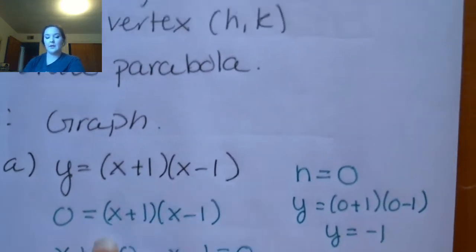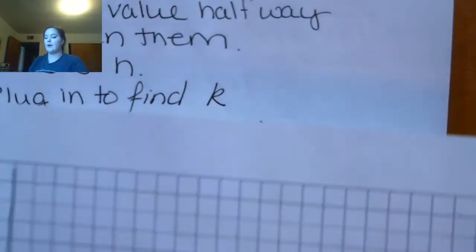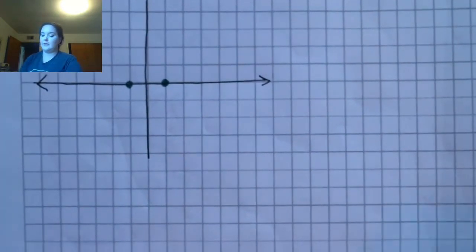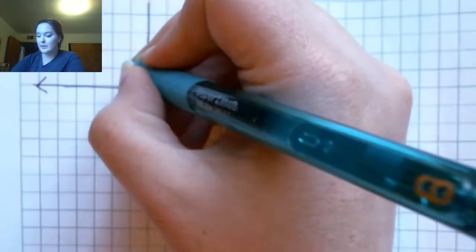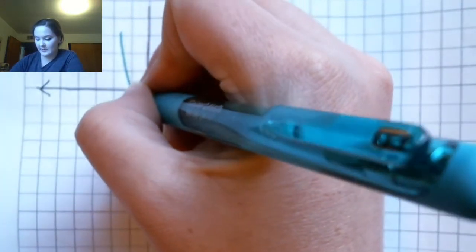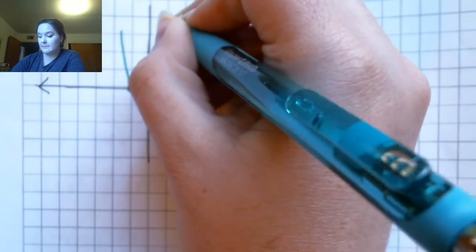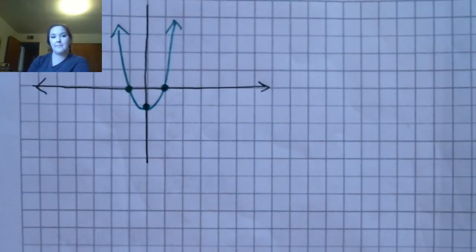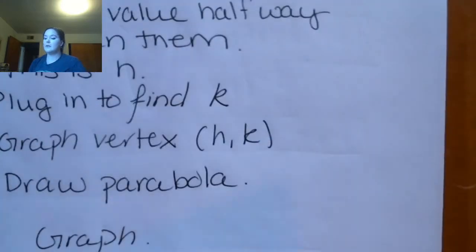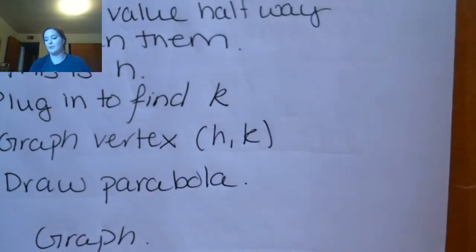So I'm going to go back to my graph. I look at the point 0, -1. And then I complete my parabola knowing that that's the vertex.